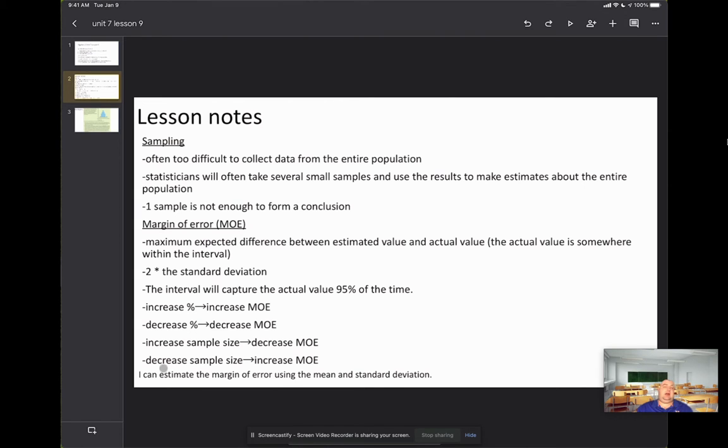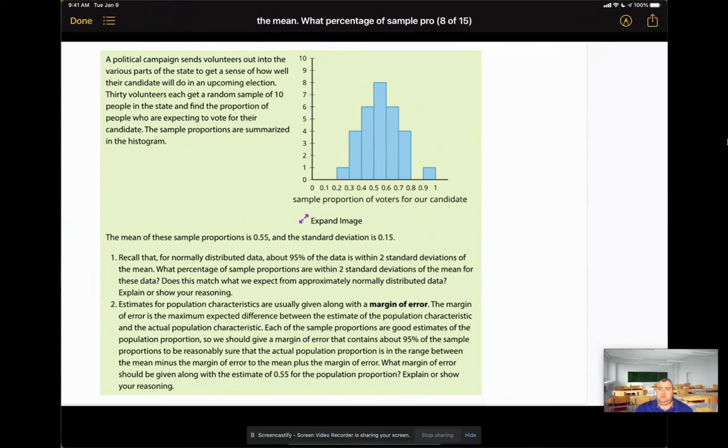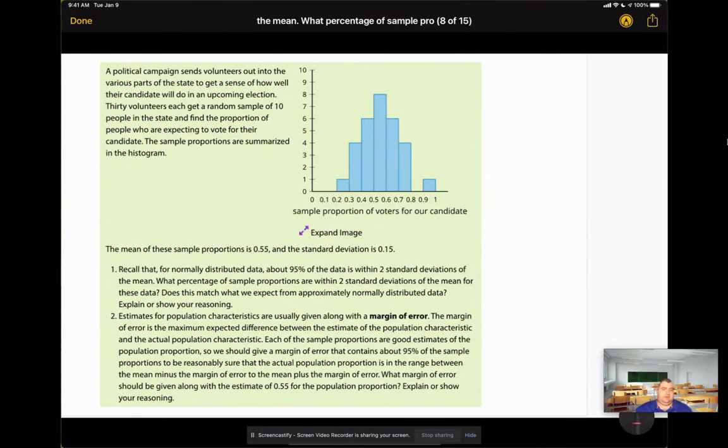And opposite, if you decrease the sample size, you will increase the margin of error. You'll be more likely to have different sources of bias or error within your results. So with that in mind, let's go ahead and take a look at the examples for this lesson.